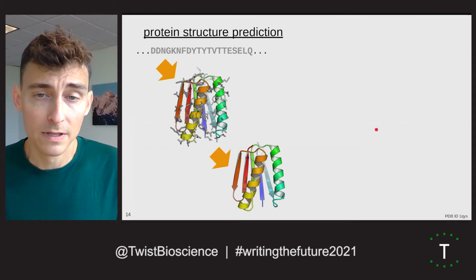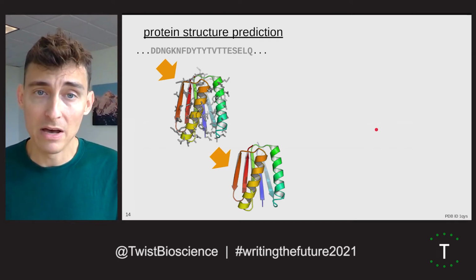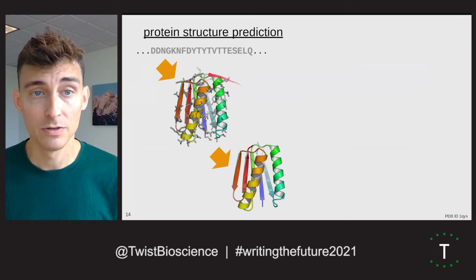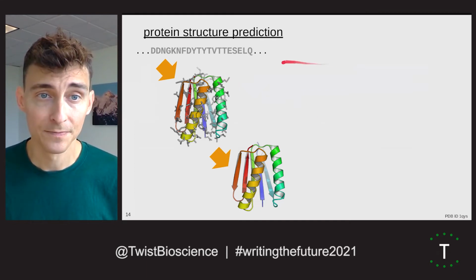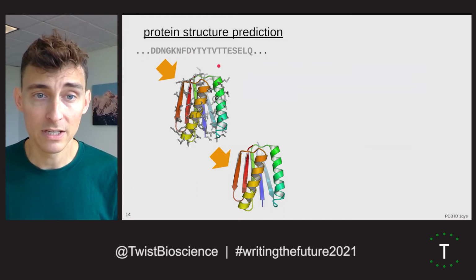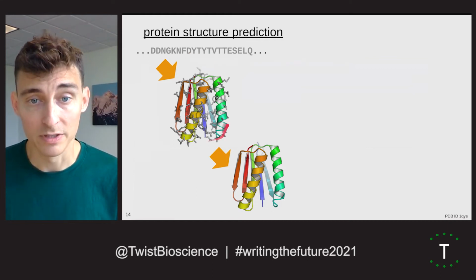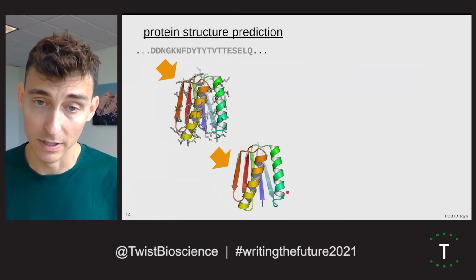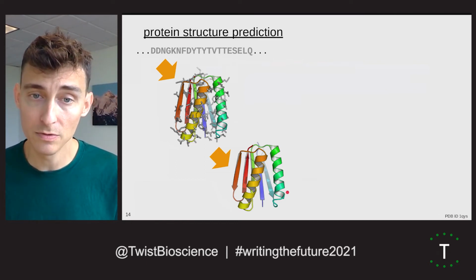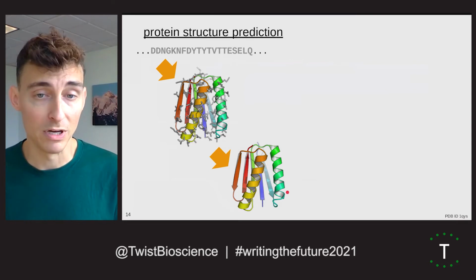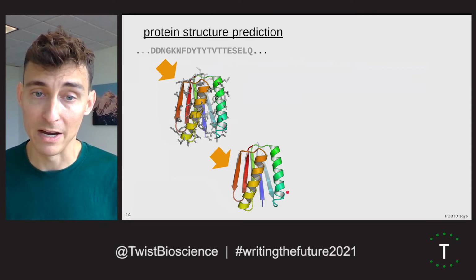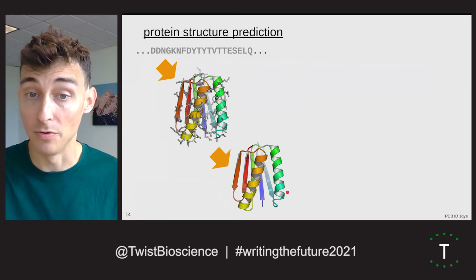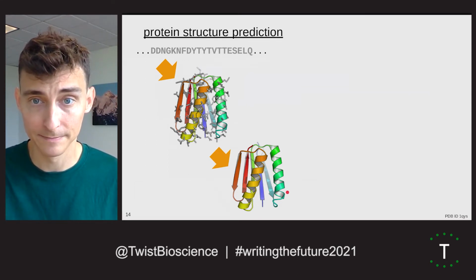So the protein design world really came out of the protein structure prediction world. And in structure prediction, we start with an amino acid sequence, and then we use this sequence to try to predict what the tertiary structure of the protein looks like. I'm sure many of you have heard the news with AlphaFold 2 recently, largely solving this problem for monomeric proteins that have enough known homologous sequences.